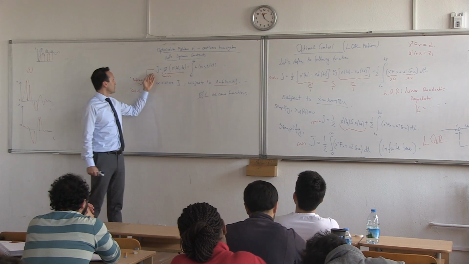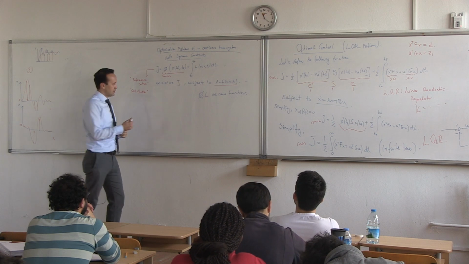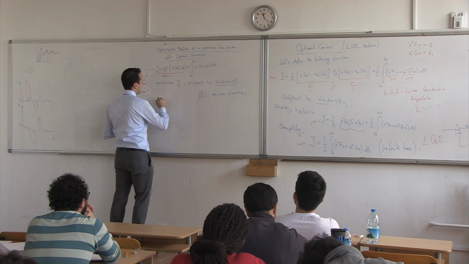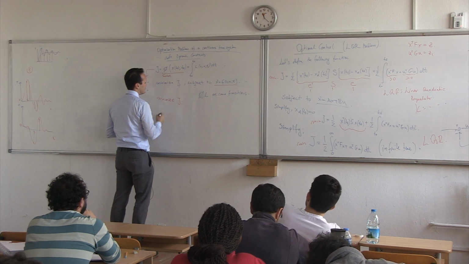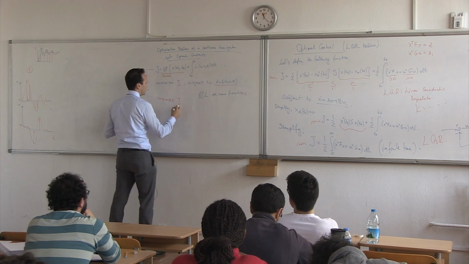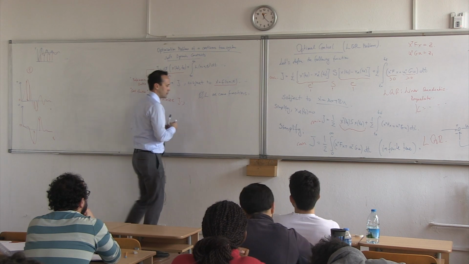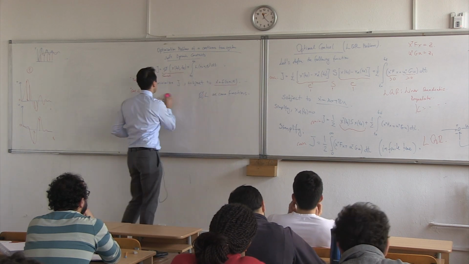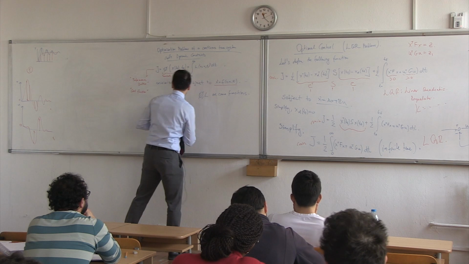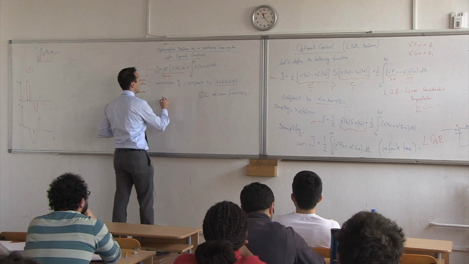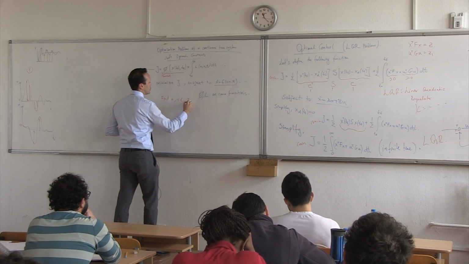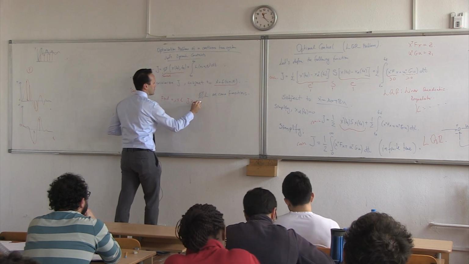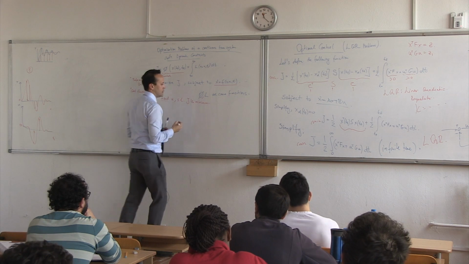And what we are going to do is minimize J. Let me do it this way: find u such that J is minimum.